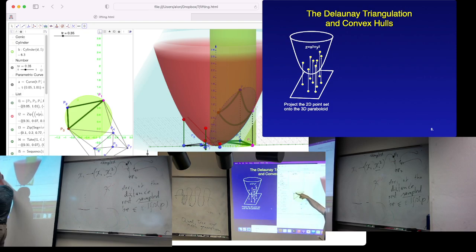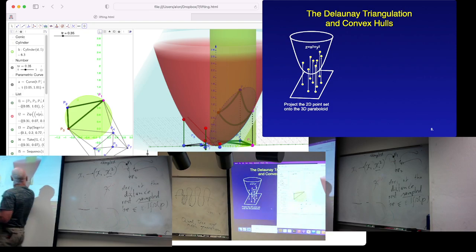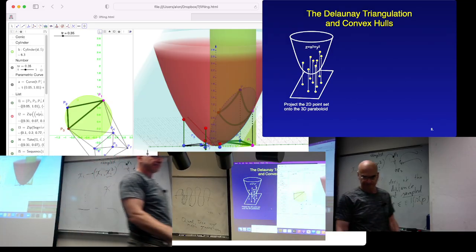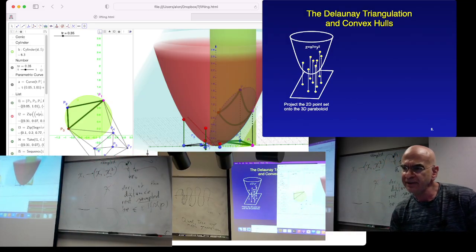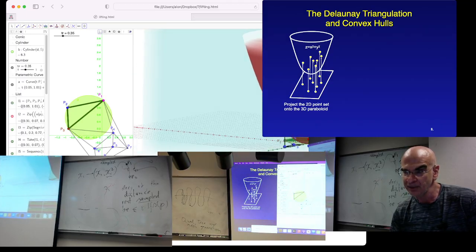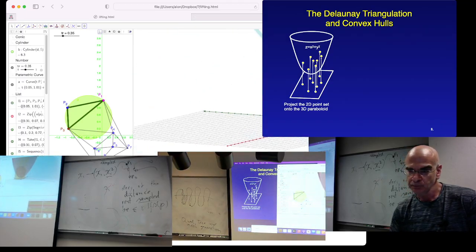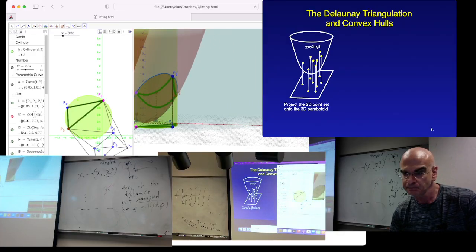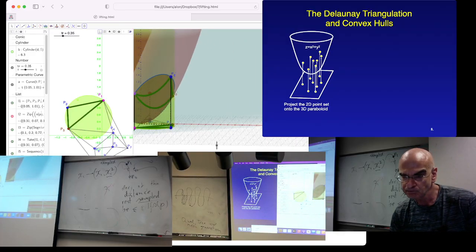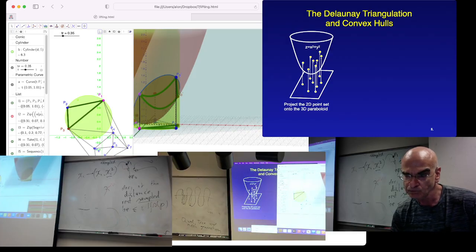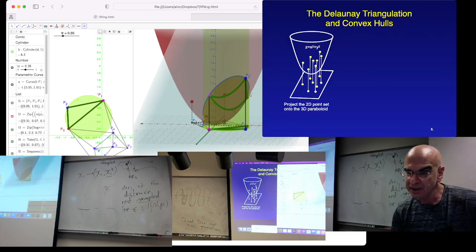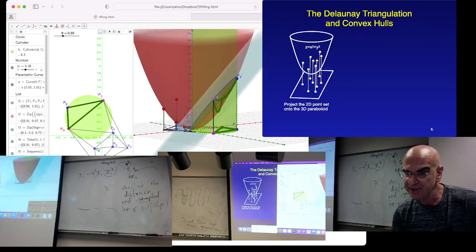So look at the circle that is created over here, and I can project it onto this paraboloid. And it looks actually very photogenic, the circle that I created using these 3 points.